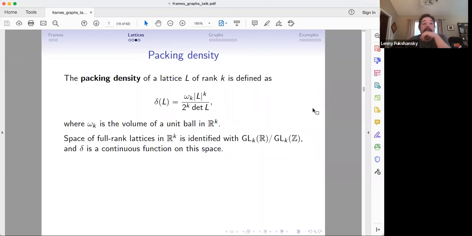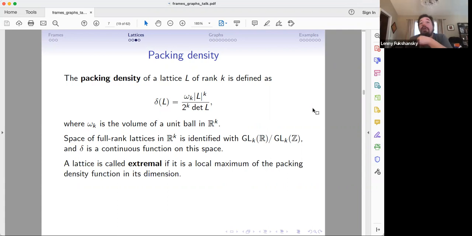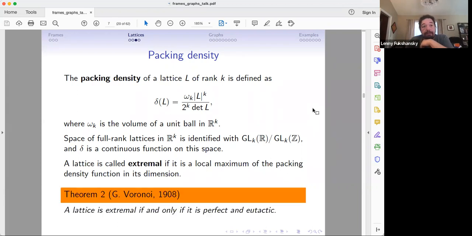This quotient space is the space of full rank lattices, and delta, the packing density, is a continuous function on this space. Therefore, we can talk about its local maxima. If a lattice is a local maximum of this packing density function, it's called extremal. There's a very famous theorem of Voronoi from 1908 that says that a lattice is extremal if and only if it is perfect and eutactic.